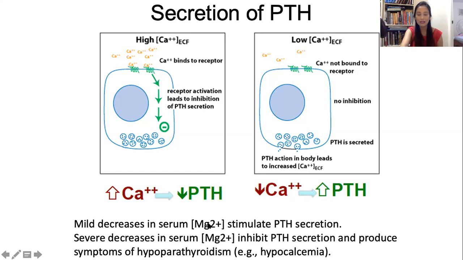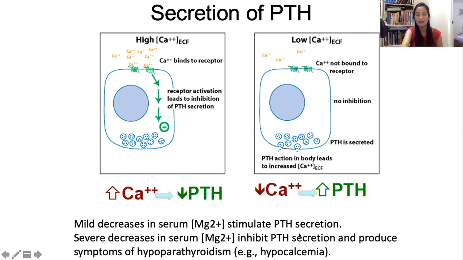Your magnesium can also affect PTH secretion. If there are mild decreases in your serum magnesium, it will stimulate PTH secretion. On the other hand, in patients with very severe decreases in serum magnesium, it will inhibit PTH secretion.